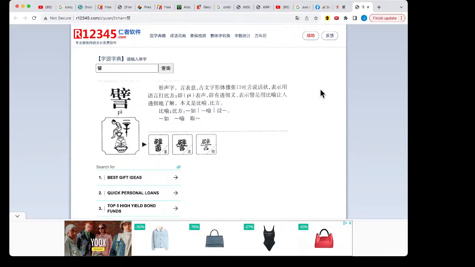And on the bottom part is the talking head again. So put them together, which means you are saying something to make it clear. Specifically, you are making an analogy and metaphor to try to explain something more clearly. Okay, so this is pi.